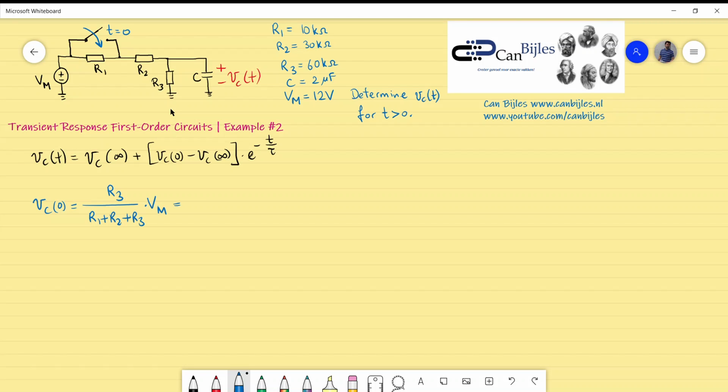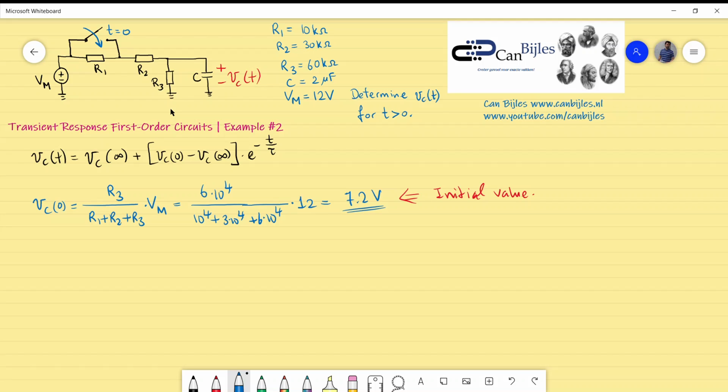If you fill in the values, what you get is 6 times 10 to the power 4, that's 60 kilo ohms, divided by 10 kilo ohms plus 30 kilo ohms plus 60 kilo ohms, and then times VM, that's 12. So if you do it, you get 7.2 volts. And this is the initial value of the capacitor.